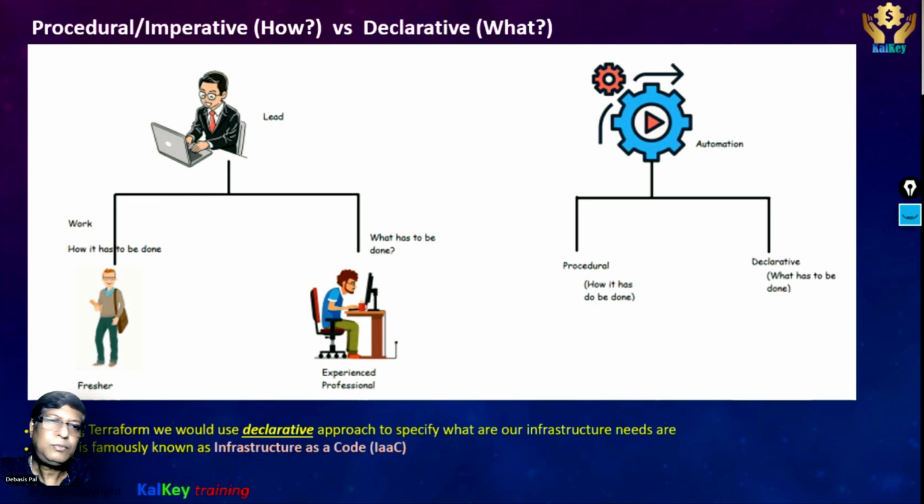When you are asking how, you are thinking something very procedural. You are asking questions based on your knowledge of a software development language. If you are a Java guy, you always convert everything into the Java language. You cannot think of the bigger picture.